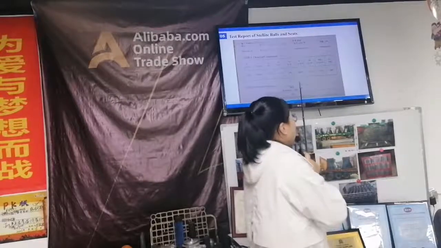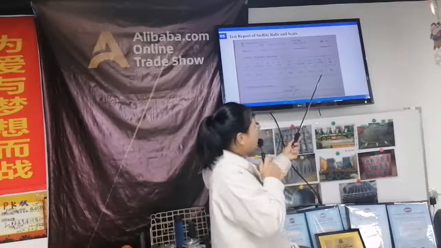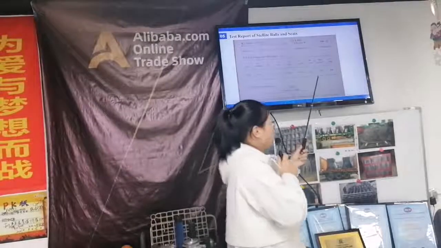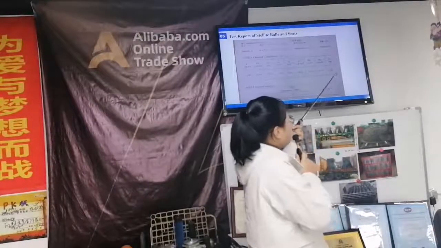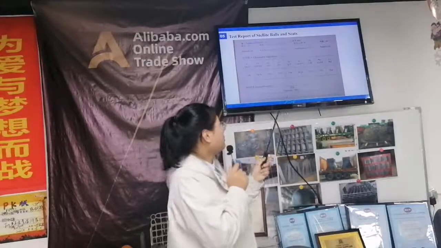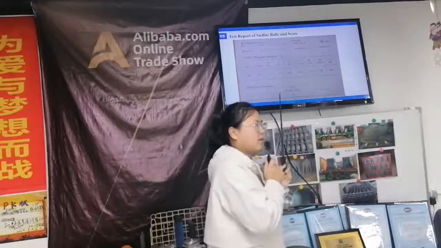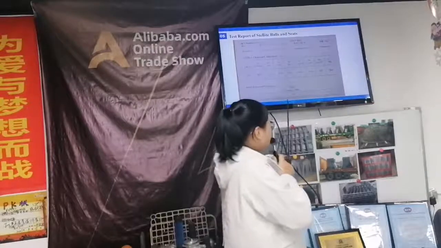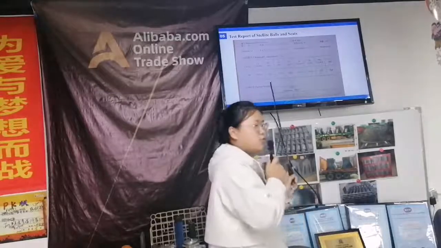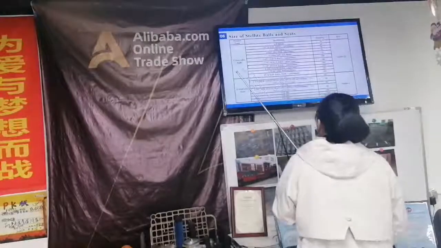For manganese, the range is 0.2 to 0.8%, and the actual is 0.27. The cobalt is balanced. Next, physical properties. The hardness is 59 HRC.